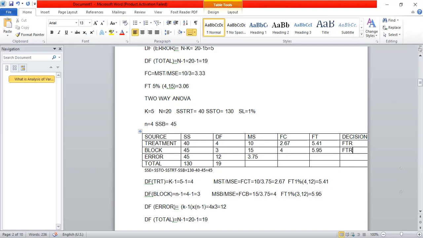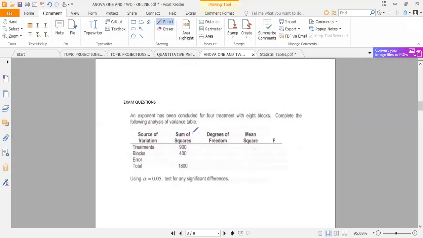So when we go to our question of reference, we could as well try a similar question, an exam type of question. So I'll give you some homework to do, but let's look at this here. An experiment has been conducted for 4 treatments and 8 blocks.